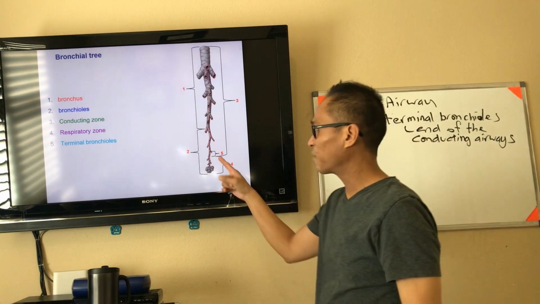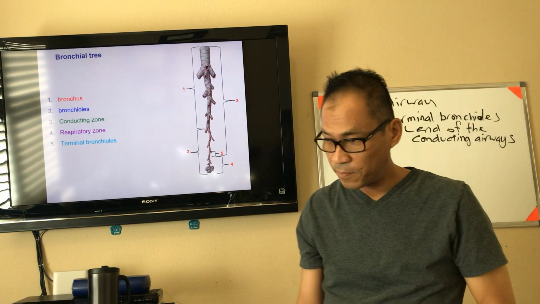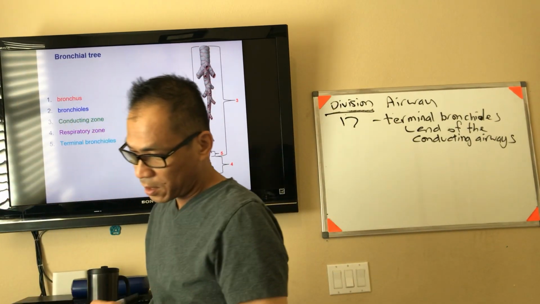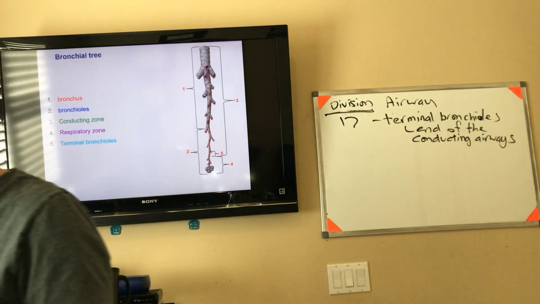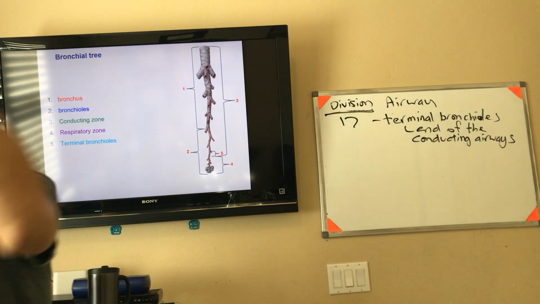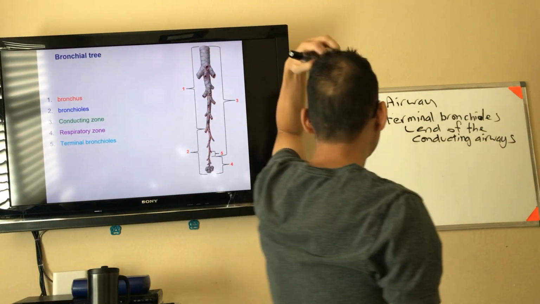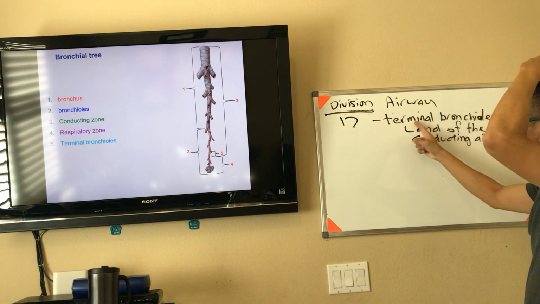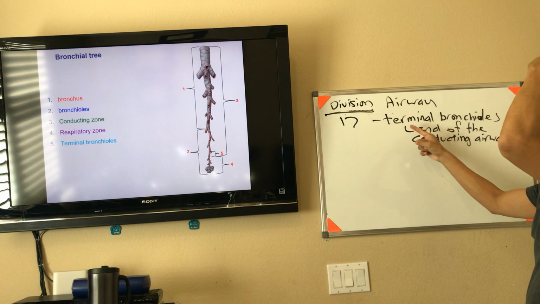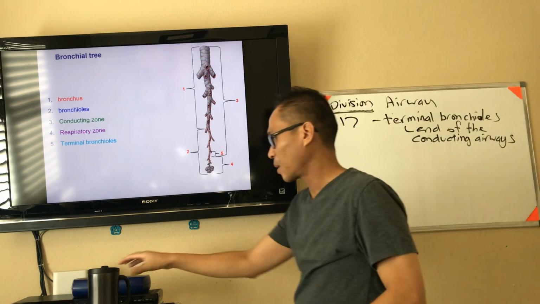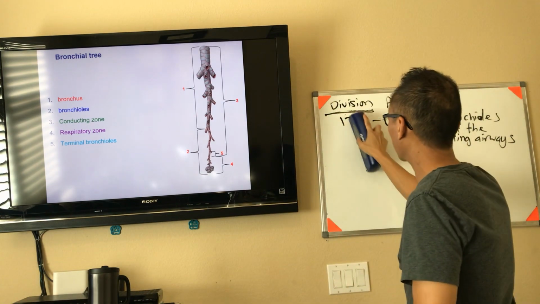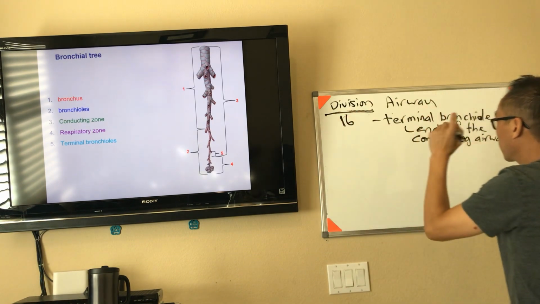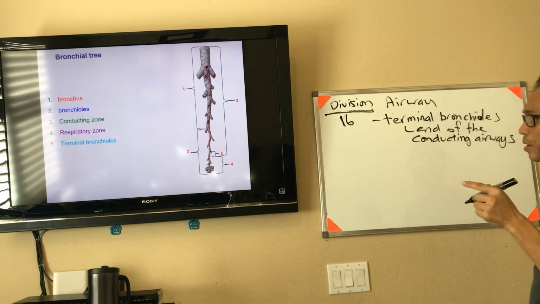So after that, you're going to have the respiratory zone. Actually, maybe one slight modification here. Let's call this number 16, kind of where we left off. All right, so we'll call that number 16, the terminal bronchioles.